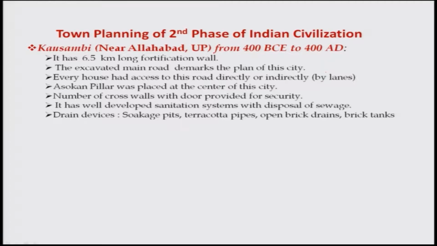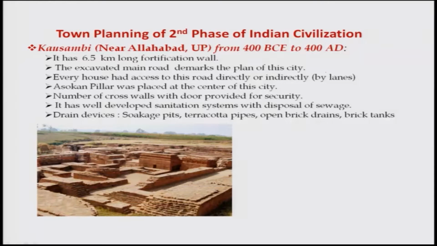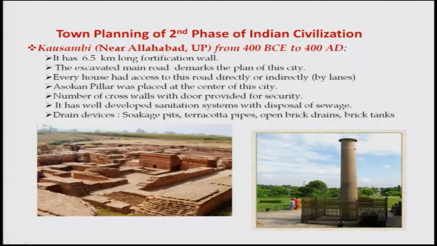And an Asoka pillar was there at the center of the city, right. If you look at this, this is the Asoka pillar which was there. Of course, nowadays it is a kind of park here. A number of cross walls with doors were provided for security, and this is the remnants of some of the building areas, which looks to be well planned.